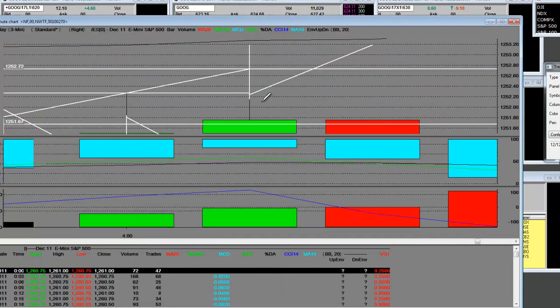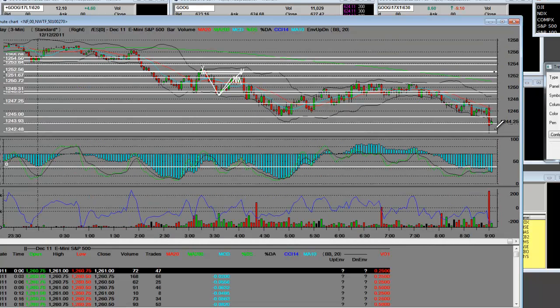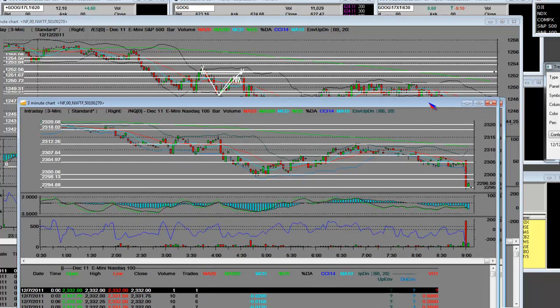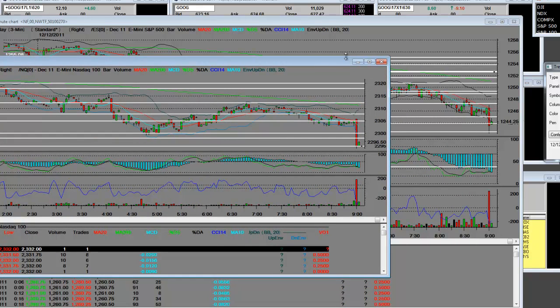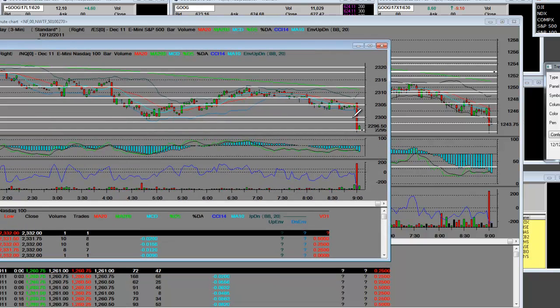We also have the S&P 500 here in pre-market, and you can see that during this time frame on the futures, both this one being the Nasdaq 100 right here, and this one the S&P 500, they both hit their bottom line.